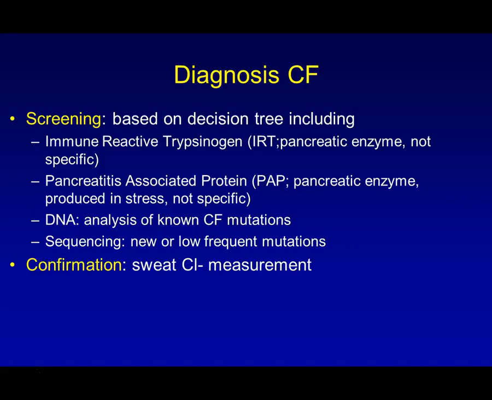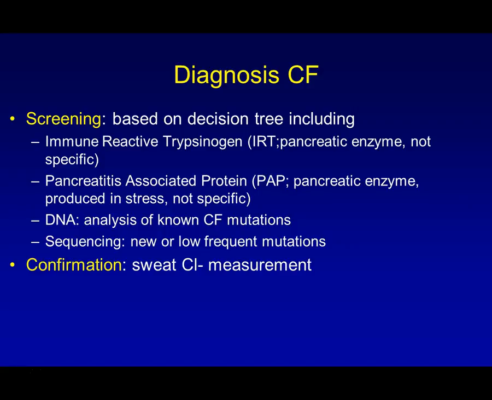CF is a part of the screening and it's based on a decision tree which includes immune reactive trypsinogen, or IRT, which is a pancreatic enzyme, but it's not specific for cystic fibrosis. The second parameter that is used is the pancreatitis associated protein, or PAP, also a pancreatic enzyme which is produced in stress, but it's not specific for cystic fibrosis.